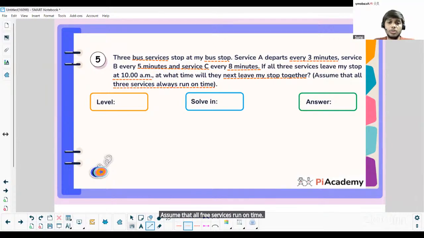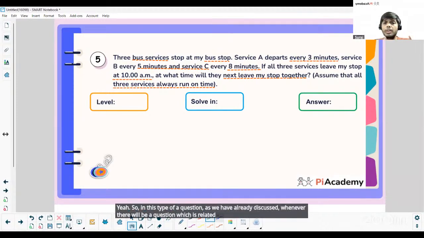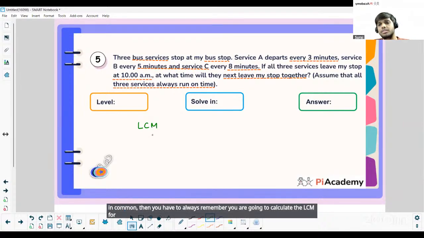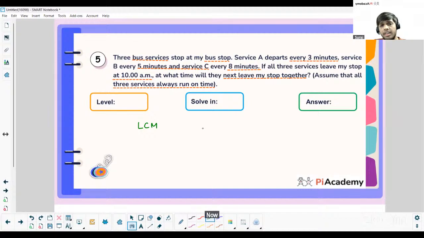Yeah. So in this type of question, as we have already discussed, whenever there is a question related to how many buses or services are going to be present at once in common, you have to always remember you are going to calculate the LCM. Now here, there are 3 bus services.